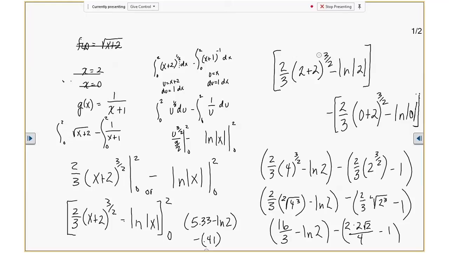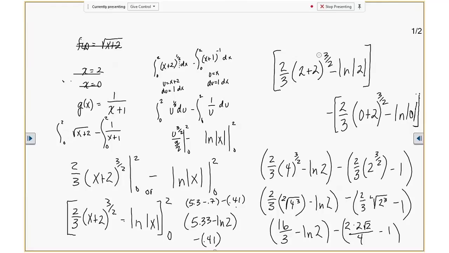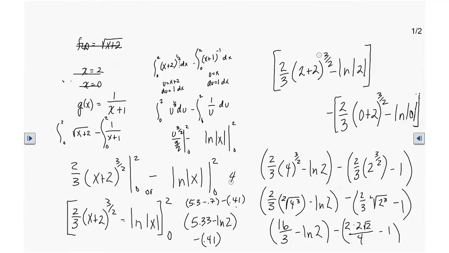It's 0.693, so about 0.7. 5.3 minus 0.7 minus 0.41, and that's going to give me 5.30 minus 70 cents, which will give me what? 4.60. Somebody help me out. 4.60 minus 40 cents is 4.20. So around 4.2 should be your answer.